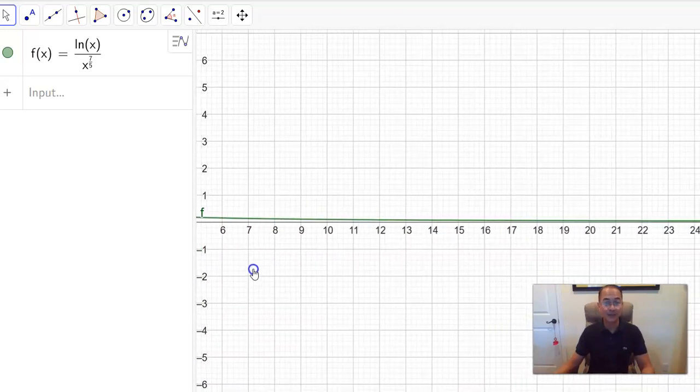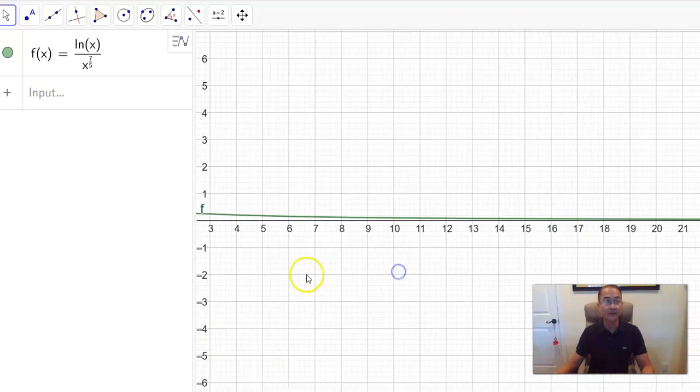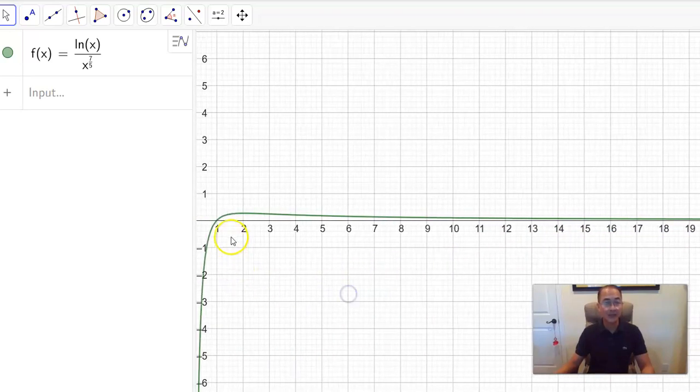And as we move to the right, it's getting closer and closer to 0. So you don't have to wait very long. ln of n is going to be smaller than x to the 7/5. However, that doesn't exactly help us directly.